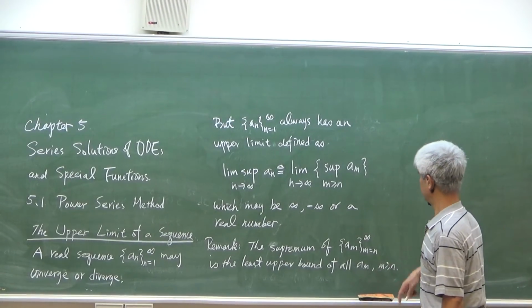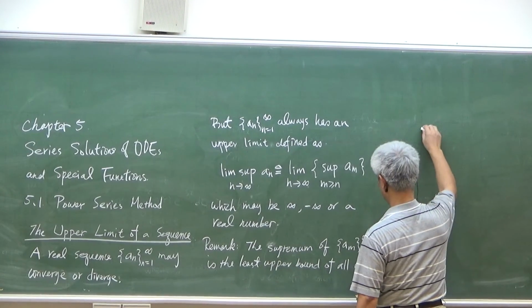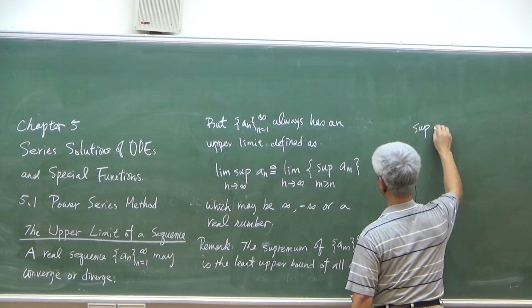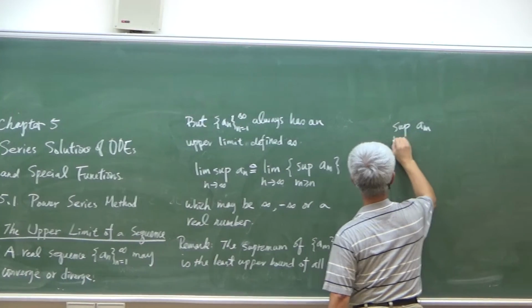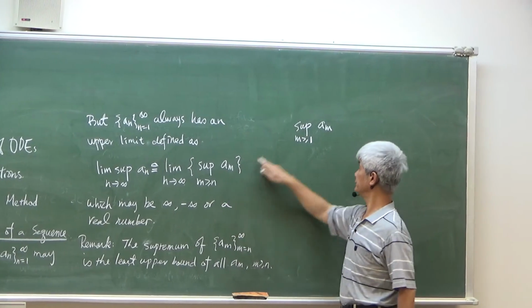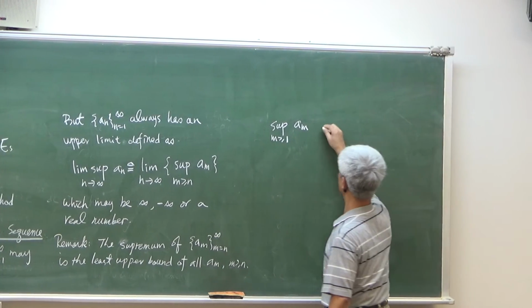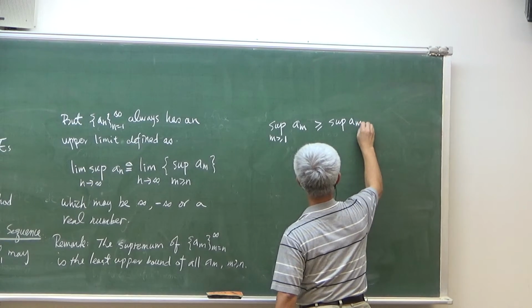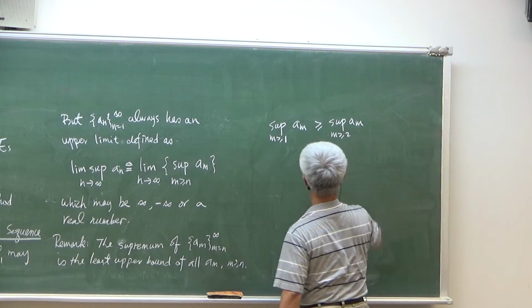Now, you can see that when n equal to 1, the sup is greater than or equal to the supremum for n greater than or equal to 2.